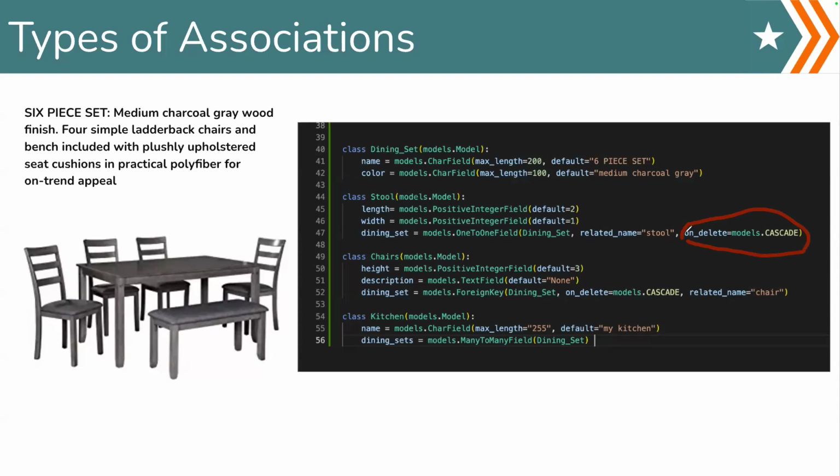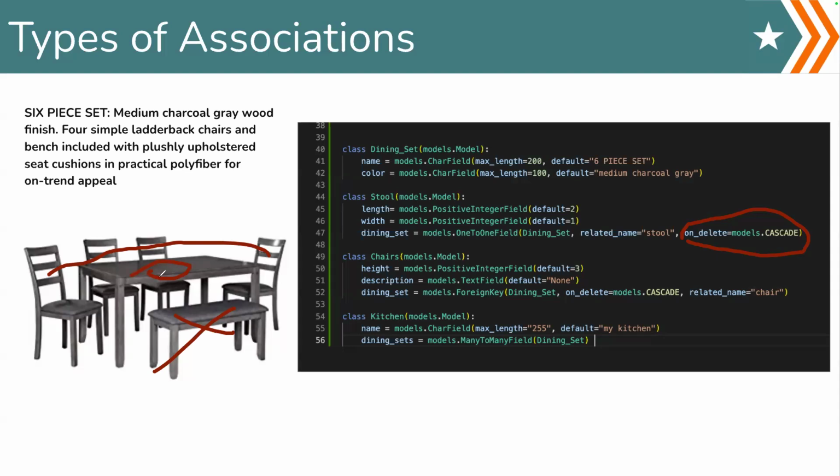A lot of times when you're writing relationships, you're going to end up in a place where you're wondering, where is it that I should build a relationship? Should I put it within the dining set or should I put it within the stool itself? The way to think about it is how is it that you want models to go about being removed from your database? For example, if a stool is removed from the dining set, I would still want all four of these chairs and the actual table itself to still exist within my database.